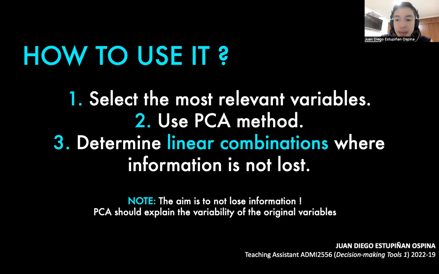This is because the idea is always to have the greatest amount of information, but the fewest amount of variables. Because when you have a large amount of variables, your analysis will be more complex to develop.